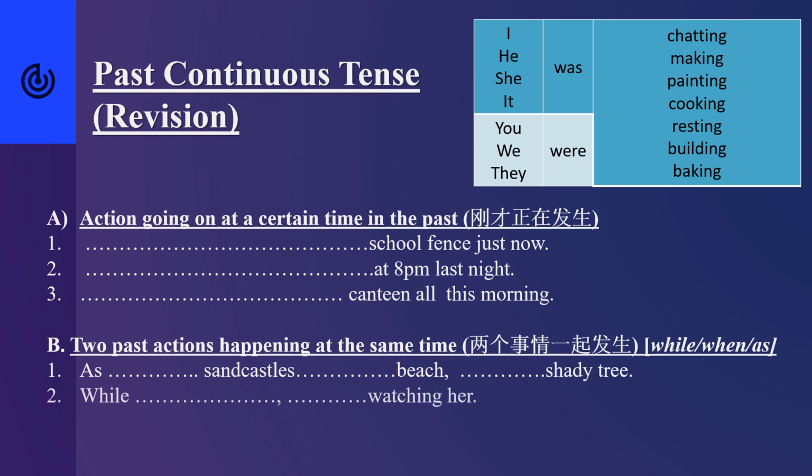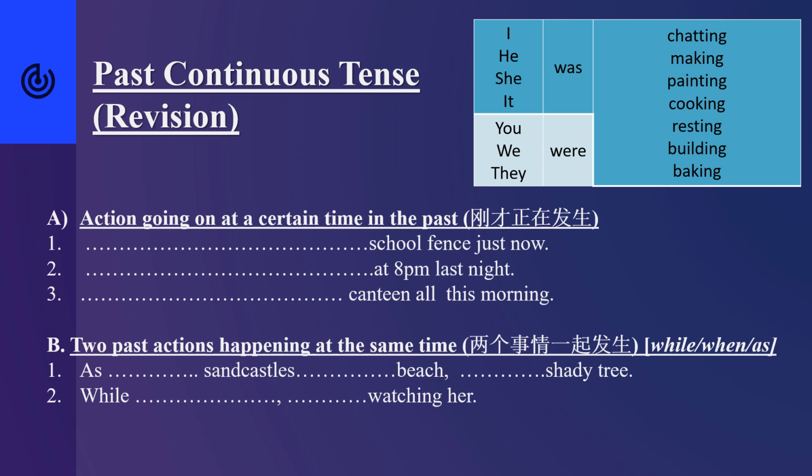Sentence number 2. While. Again, I want to use the word while in front. 当我妈妈正在做 pizza，我正在看着她。Two actions happening at the same time.